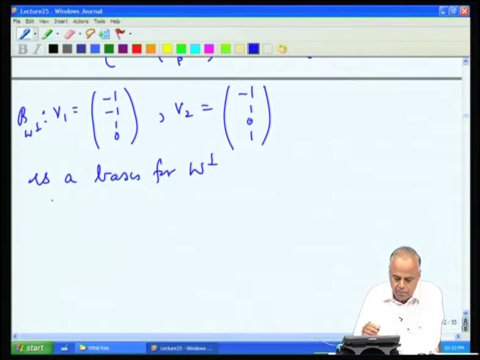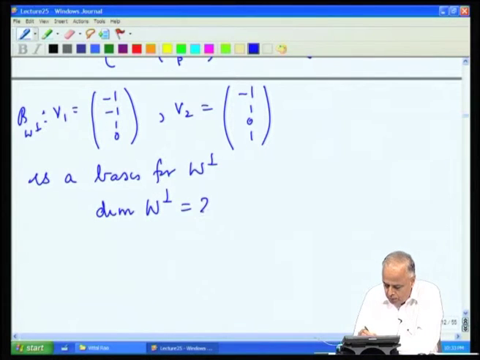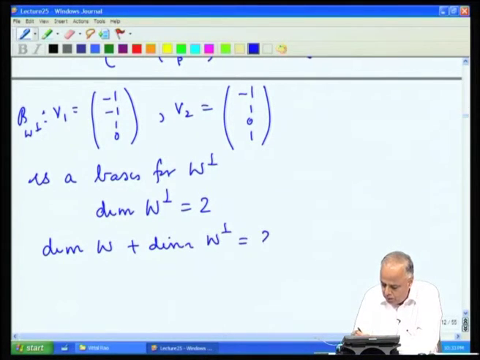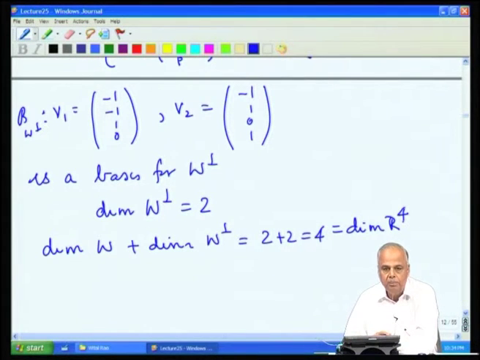Since the basis for W perp consists of 2 vectors, W perp has dimension 2, and it turns out even in this case that the dimension of W plus the dimension of W perp is 2 plus 2, which is 4, the dimension of the big space R4. So, in both these examples the dimensions added up to the dimension of the whole space.